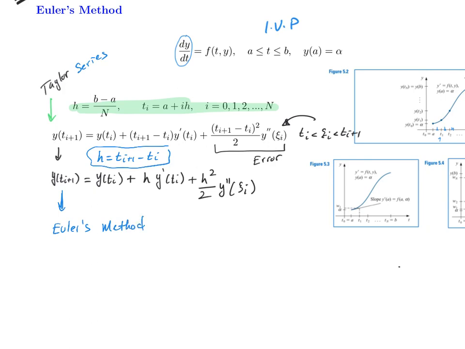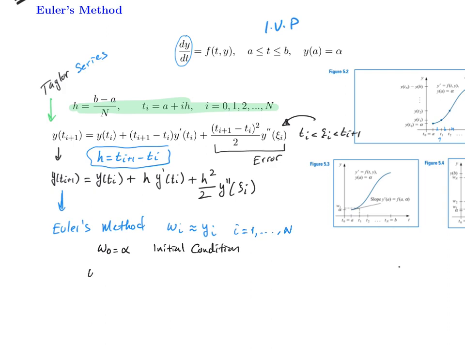which will be this. So we're going to assume that w_i is approximately equal to y_i. So w_i is going to be the approximations to y_i, for i equal to 1 all the way to n. And therefore the method will be the following. w_0 will be equal to alpha. Remember, this is the initial condition.